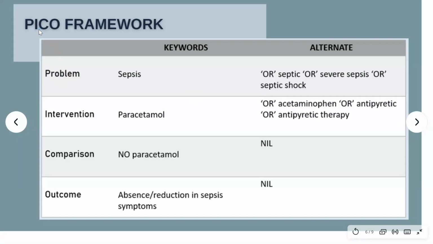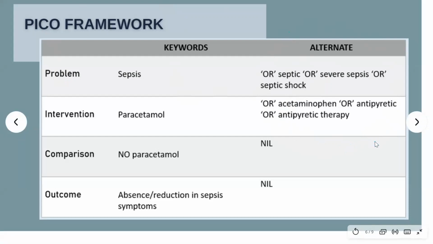So now I want to look at my PICO framework. From the question, I've identified that the problem is sepsis, the intervention is paracetamol, the comparison is no paracetamol, and the outcome is an absence or reduction in sepsis symptoms. My alternative keywords that I came up with through my background research are listed here as well.